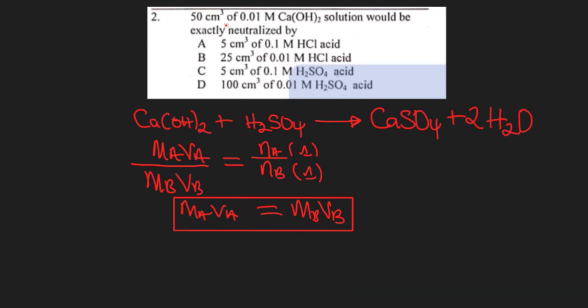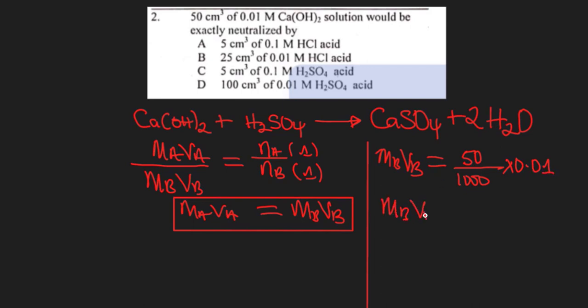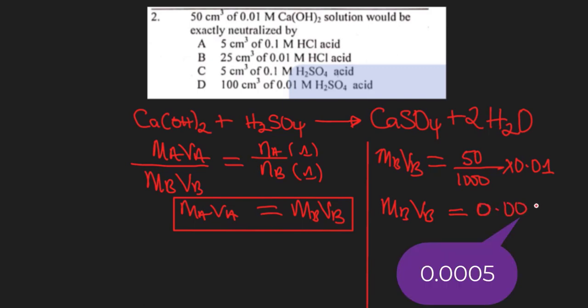To calculate the number of moles of base from above, we have MbVb equals 5 cm³, divided by 1000 to convert to dm³, times 0.01, and our answer gives us 0.005 moles.